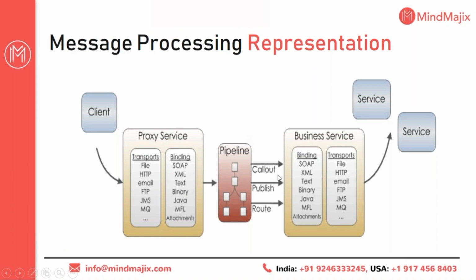The pipeline in turn passes it on to the business service. The business service in turn has the binding as well as transport layers, which will try to convert the pipeline's known language into the document type of the target system, and then apply the relevant HTTP type and pass it on to the service.